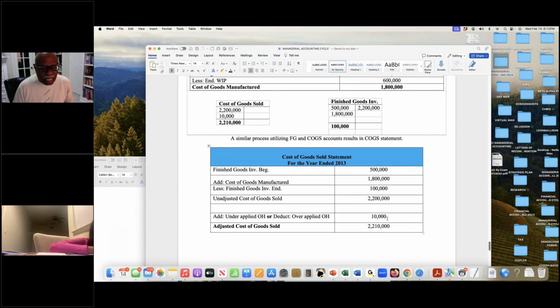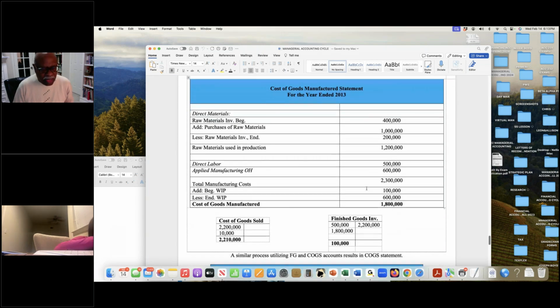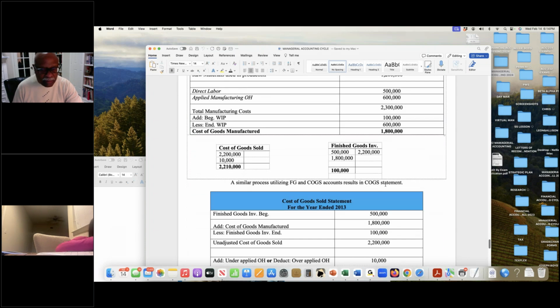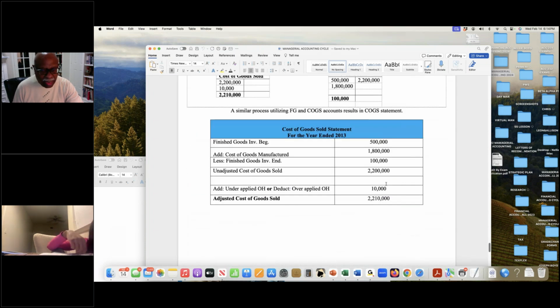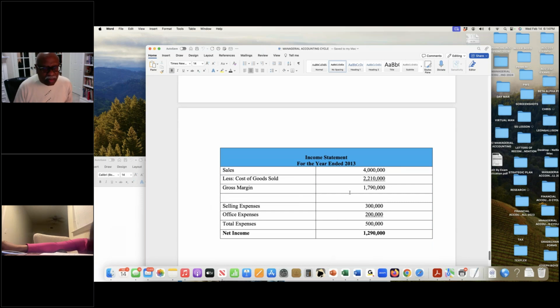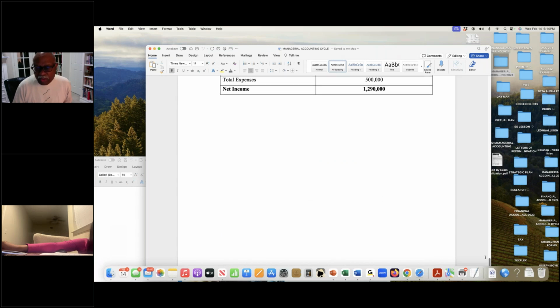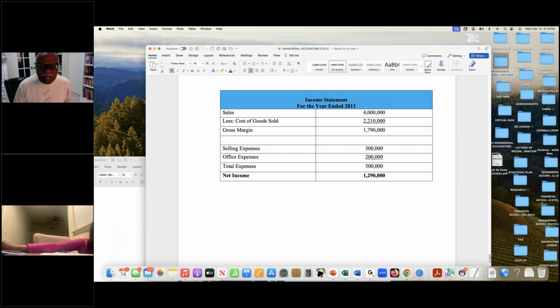So these two statements are required on the midterm. Then, of course, the income statement: sales less cost of goods sold, gross margin, less the expenses, net income. So that's where we'll be going from now through the midterm.